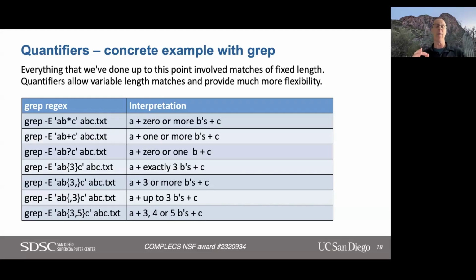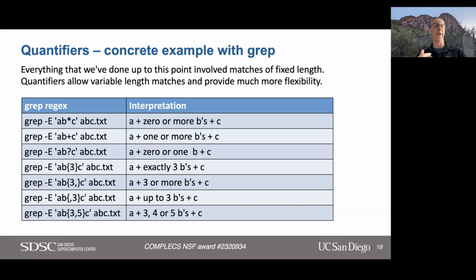This means we're looking for A followed by 0 or more B's followed by C. In the next example, we'll replace the star with a plus sign. So now we have A, B plus C. This means A followed by 1 or more B's followed by C. Notice the distinction between those first 2. In the first case, it was 0 or more. In the second case, it was 1 or more.